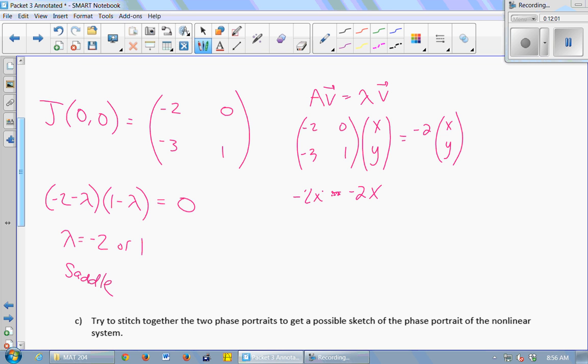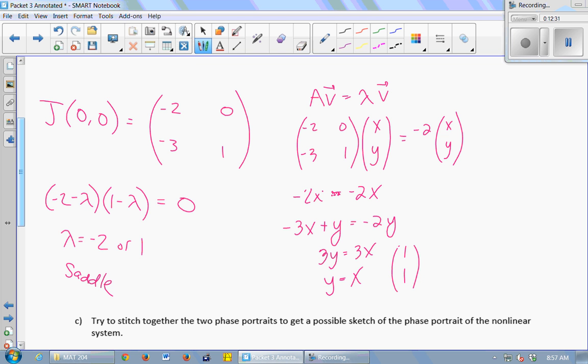So I do the other one, and I have negative 3x plus y has to equal negative 2y. So 3y equals 3x. So y equals x. So my eigenvector, the easiest one would be 1, 1.